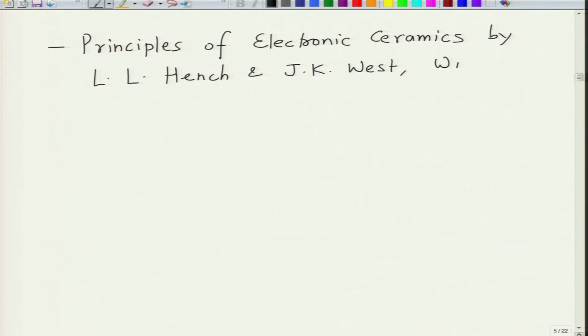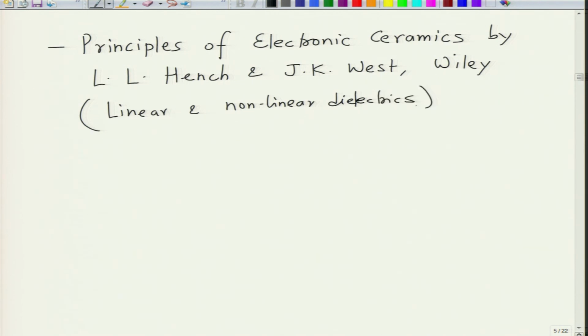This is published by Wiley. This is a book basically for learning about linear and non-linear dielectrics. This is a very good book for learning the basics of electronic properties or electrical characteristics of linear and non-linear dielectrics.